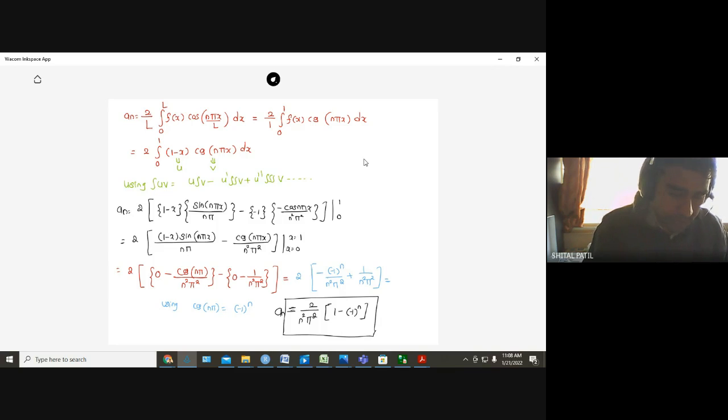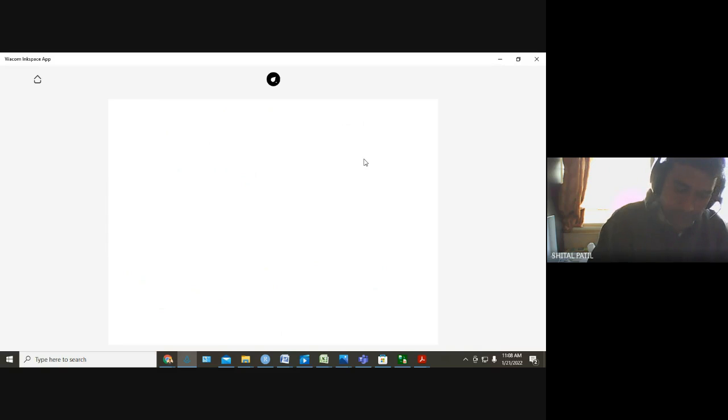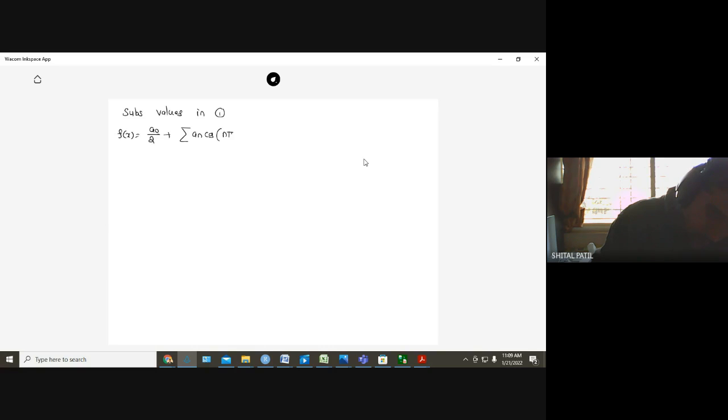Let me change the page. Now, substituting values in 1. So, 1 is what? f of x equal to a naught by 2 plus summation n equal to 1 to infinity a n cos of n pi x.